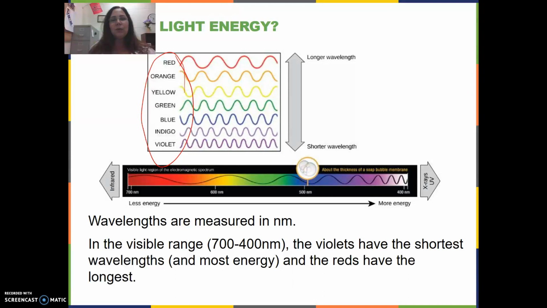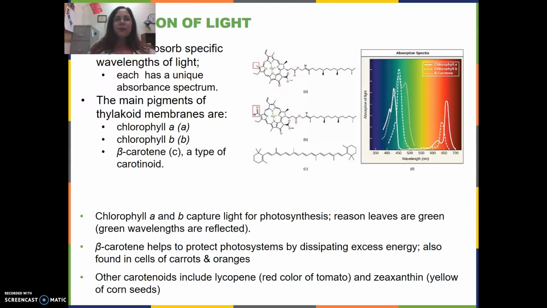Violet would have a shorter wavelength, which means it has the most energy. So what's important for you to understand are the pigments in the plant, and which visible light wavelengths they absorb.